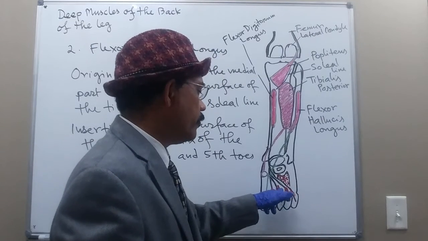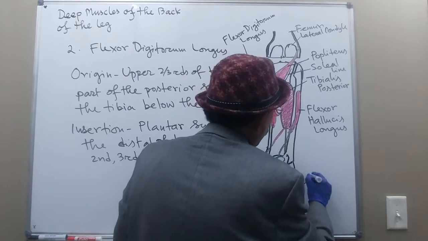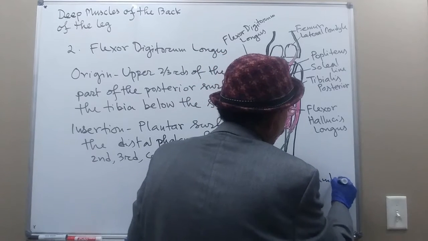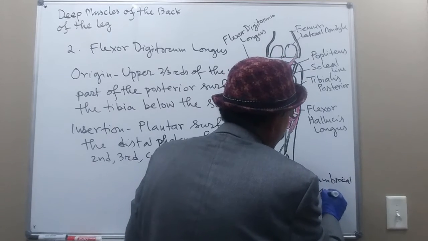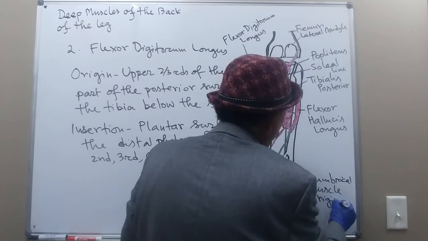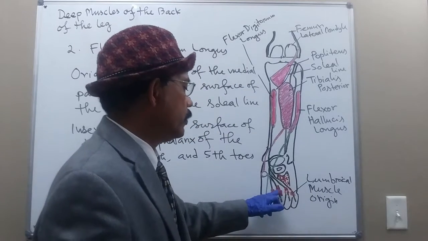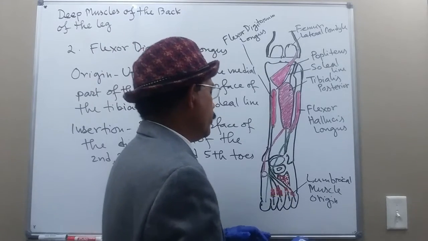Here it also gives origin to the lumbrical muscles of the foot. Remember, this is the origin. We have 4 lumbricals: 1, 2, 3, 4. This red is the lumbricals' origin.